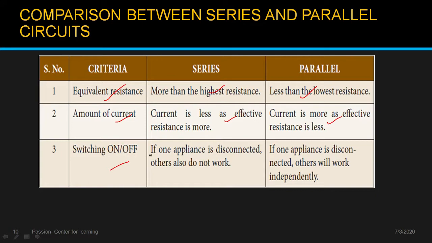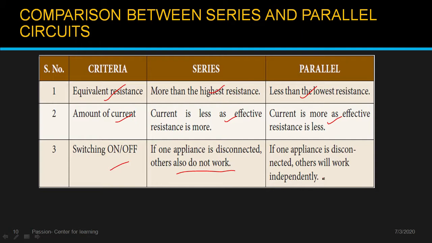Next, switching on and off. If one appliance is disconnected, others also do not work. That is in the case of series. Whereas in parallel, if one appliance is disconnected, others will work independently, because there are different loops. That loop may not work, other loops may work. Okay. If you are using a series circuit, like in functions, they have LED flashlights you would have seen.